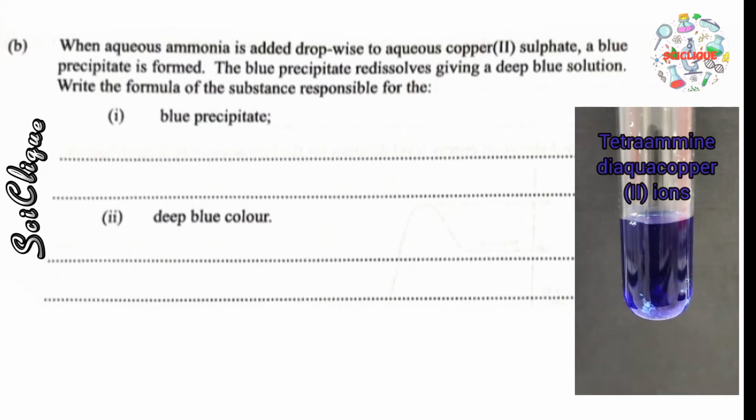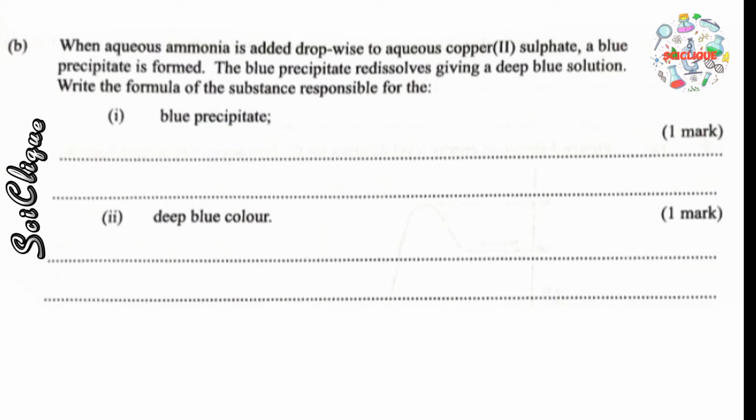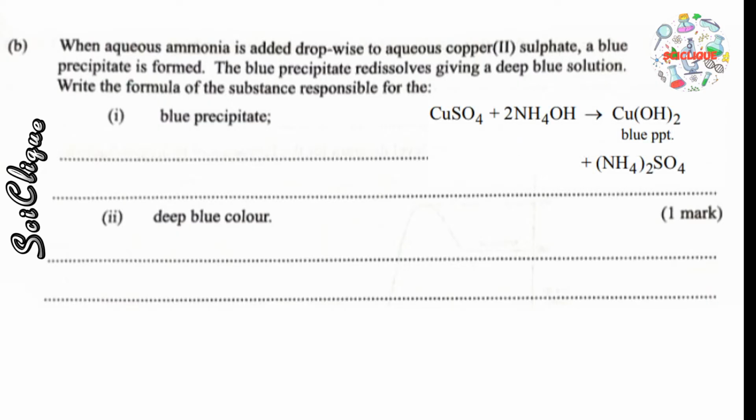Now, what is the reason we are getting a blue precipitate? If you have copper 2 sulfate and aqueous ammonia, remember aqueous ammonia is simply ammonium hydroxide. These two react with one another, leading to the formation of copper 2 hydroxide and ammonium sulfate. Copper 2 hydroxide, as with most metal hydroxides, is insoluble, and that is the reason we have a blue precipitate formed.